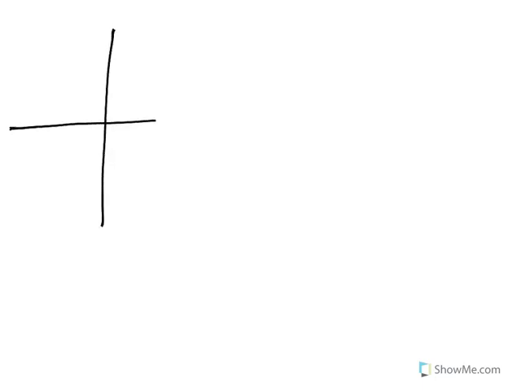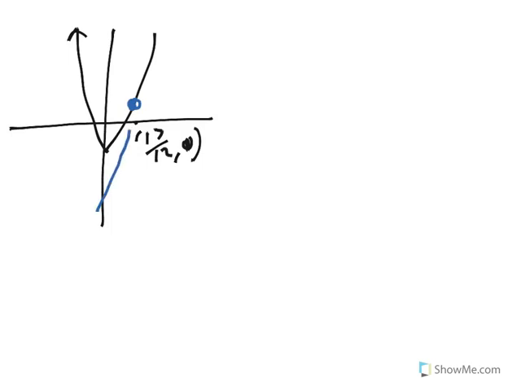And if you're really feeling ambitious, you take this 17 over 12 comma 0 and use it as your new guess, and find the slope of this tangent line, and the x-intercept of that tangent line will be an even better guess.